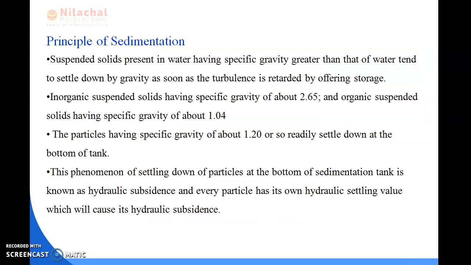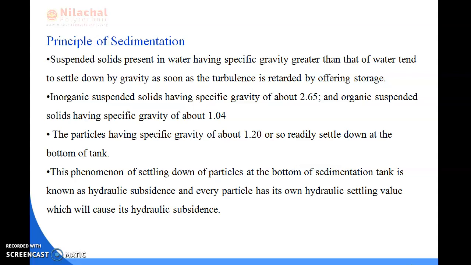Next, we discussed the principle of sedimentation. I have already told you that if the suspended solid has a specific gravity greater than that of the water, it tends to settle down in the sedimentation tank.